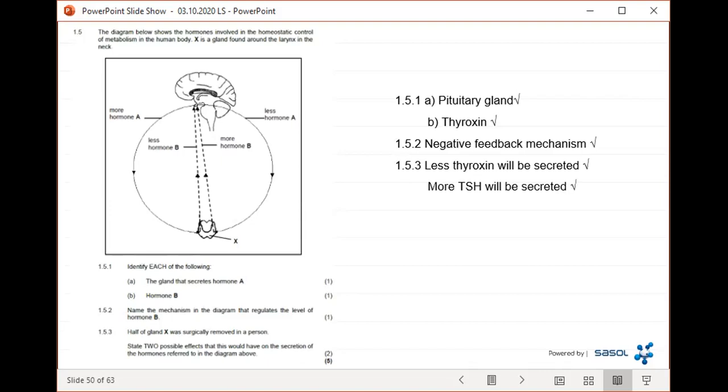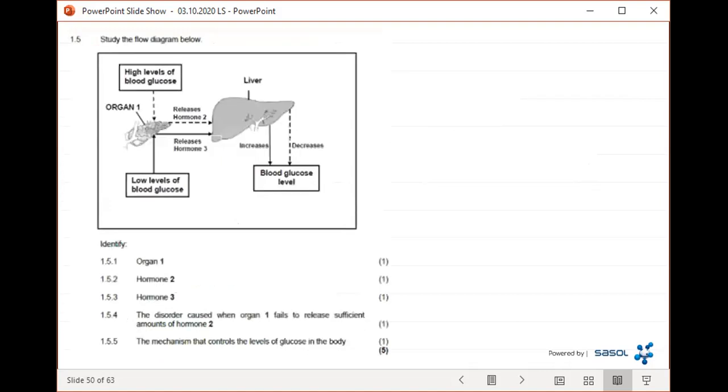And then more TSH will be secreted, because thyroxine levels in the body would be low. We would have more thyroid stimulating hormone being secreted because we need to raise the levels of thyroxine. Okay, and we can move on to the next question.